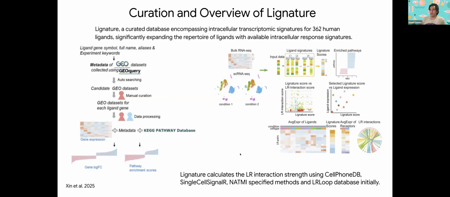Overall, Lignature is able to calculate the LR interaction strength using CellPhoneDB, single-cell SignalR, NATMI, and there are specific methods in the LR loop database initially.